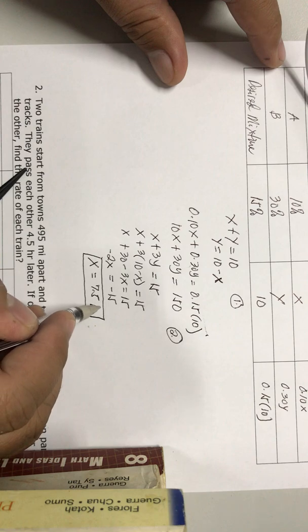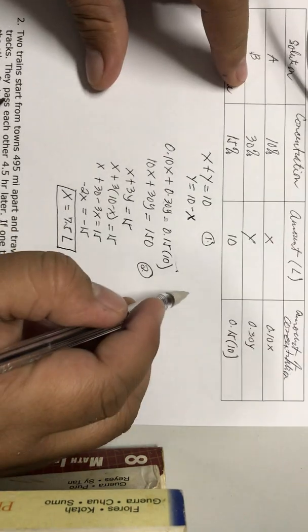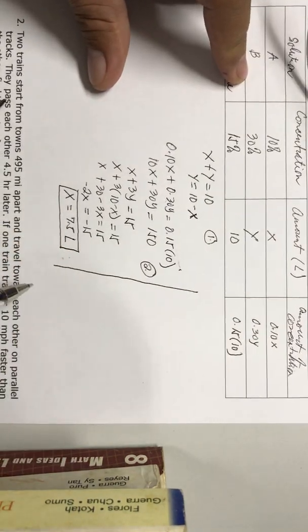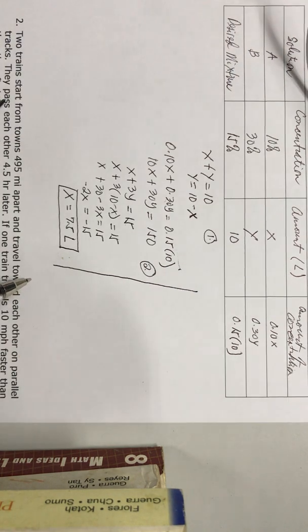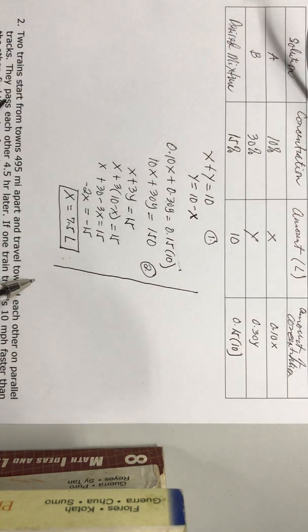So it's better to put the unit of measurement after. So x is equal to 7.5 liters.